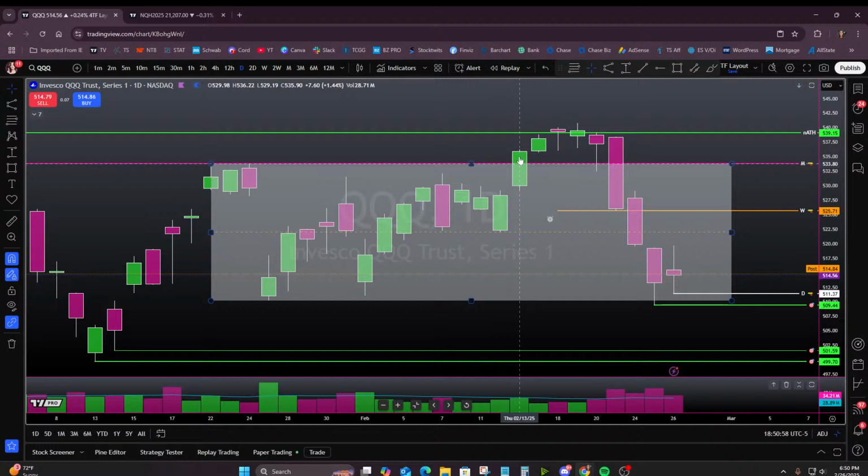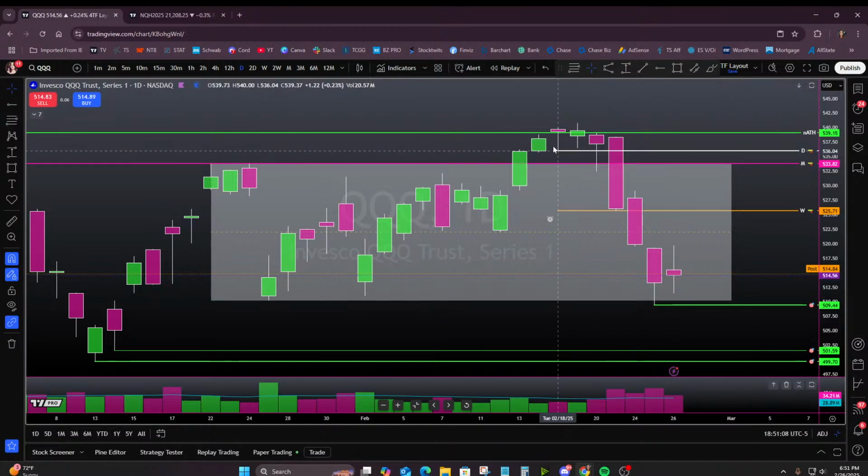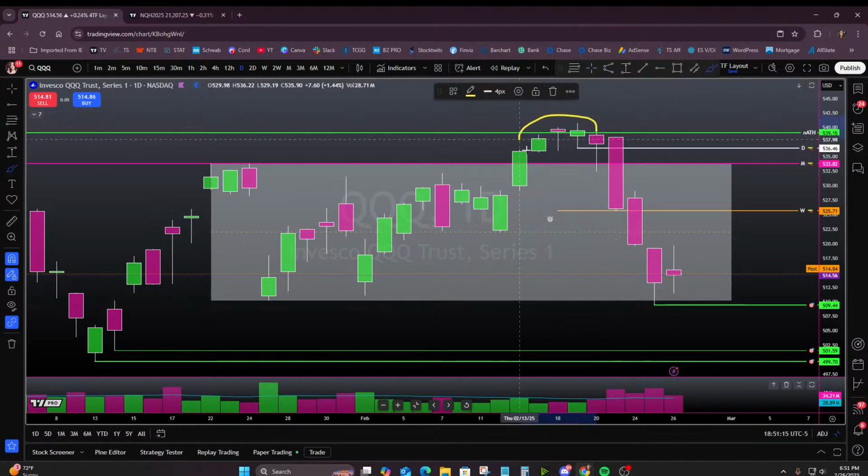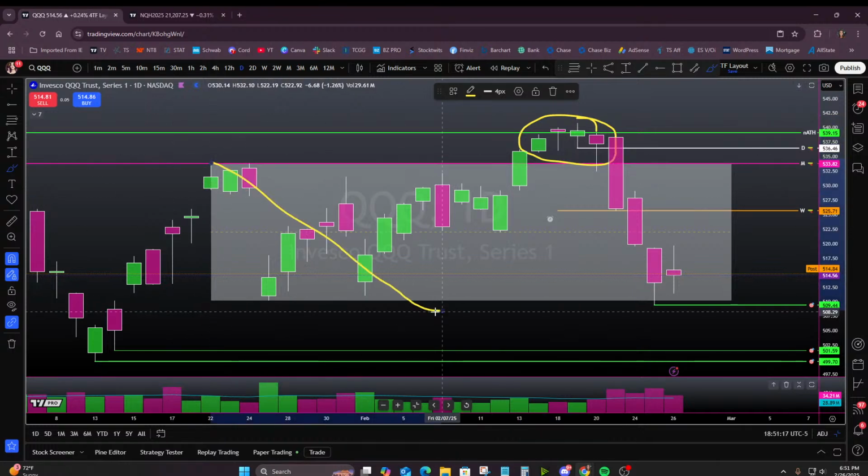So we've made a new all-time high. Up, up, up. Two ups, right? Can't short. Still going up. When does that change? Right here. Two up, two down reversal. We are failing the range. Where are we looking to go?